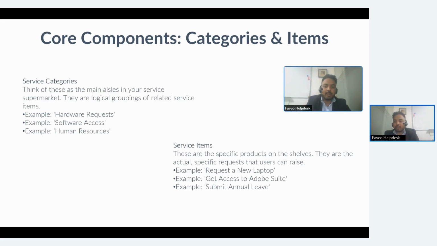Second, software access is the service category, and get access to Adobe Suite is the service item inside that service category. Third is human resources. That is the service category. And under that category, you need to submit an annual leave or anything related to the HR services. So you can request under those service items.